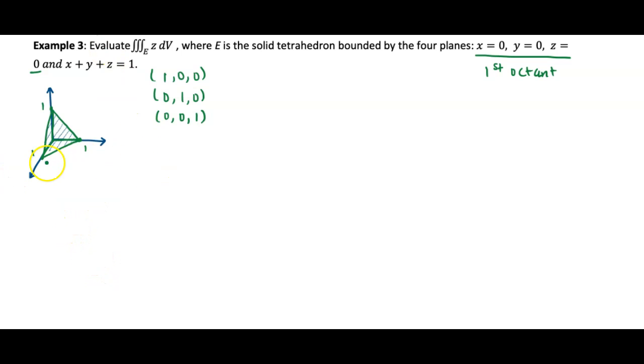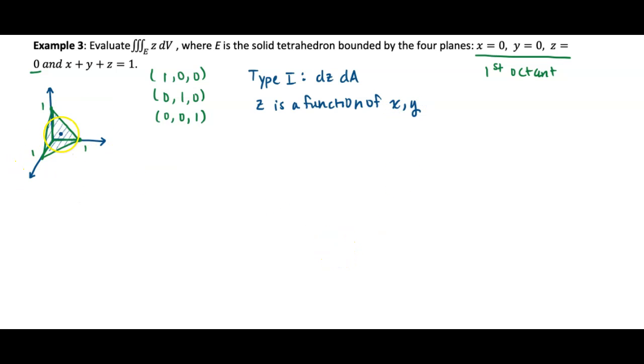Now, let's call this a type 1 region. Type 1 means we have dz dA. So that means z is a function of x and y.